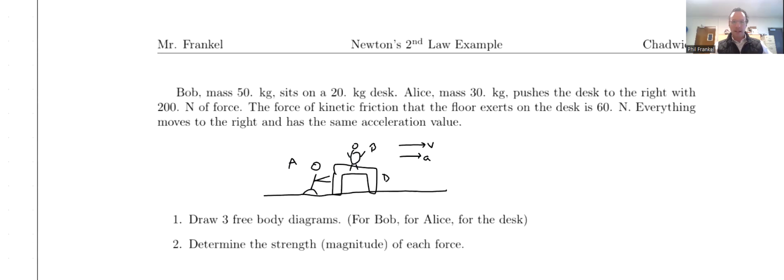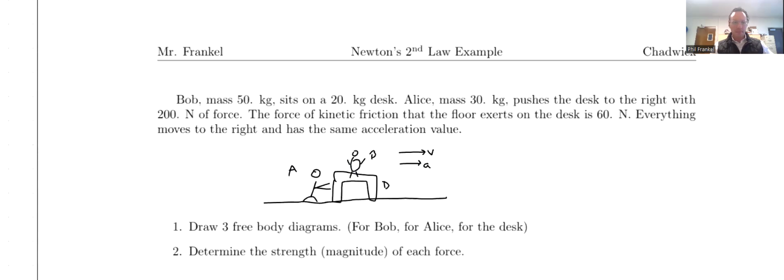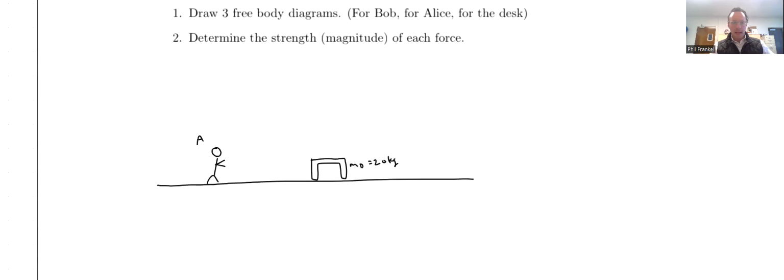So Alice has a 30 kilogram mass. So MA, the mass of Alice, is 30 kilograms. And here is Bob, who is sitting on the desk, but I'll draw Bob up here. And the mass of Bob is 50 kilograms. Now we can start drawing the forces on the three different objects.